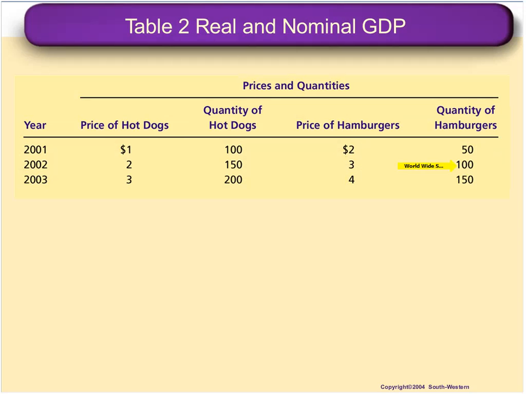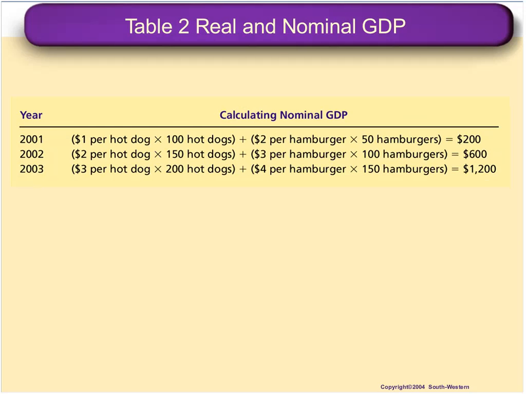If you want to come up with the nominal GDP, this is how you calculate. You calculate based on the current price in each year. Current price in 2001 is 1, in 2002 is 2, in 2003 is 3. So you calculate the nominal GDP based on the current price, and you get different amounts for different years.